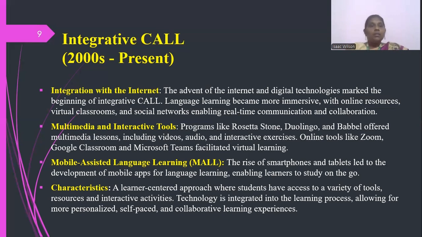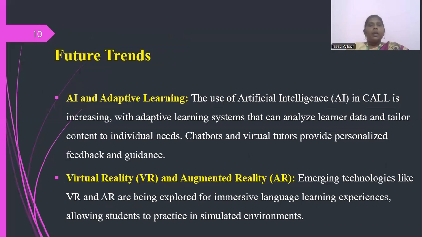It is about the integrative CALL, and we are living in the present. I could also say that though AI has been mentioned in future trends, still this period is ruled by AI, artificial intelligence. So with AI and adaptive learning, the use of artificial intelligence in computer assisted language learning is increasing nowadays, and with adaptive learning systems, you can analyze the learner's data and tailor the content to individual needs.